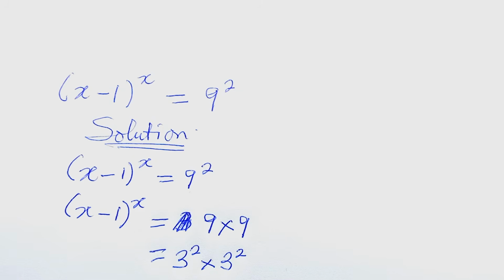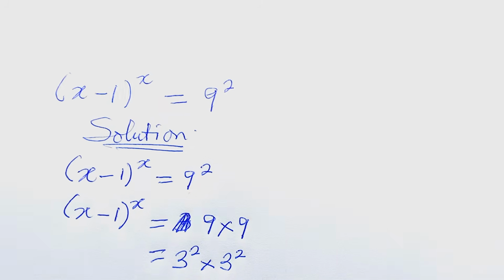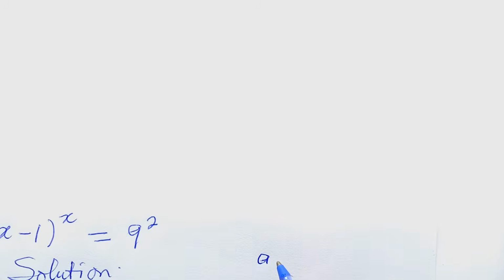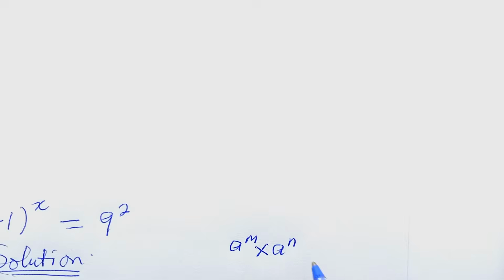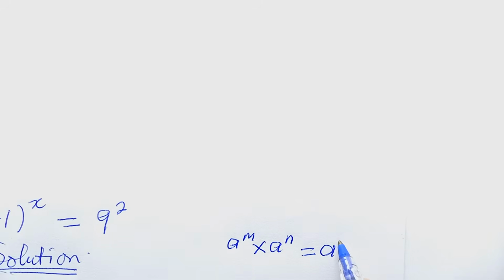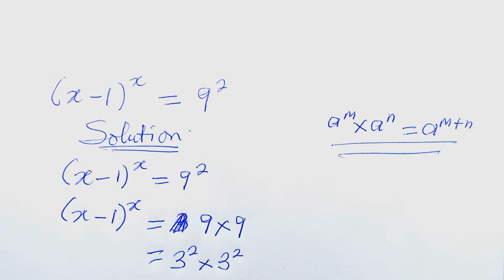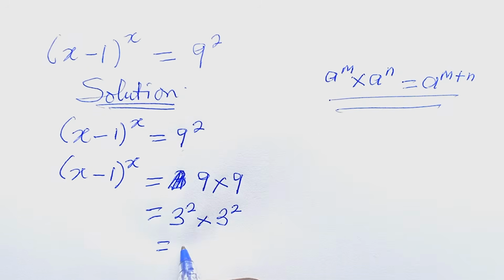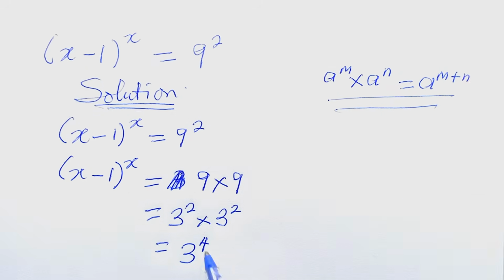Here we apply a simple law of indices, which says that a to the power of m times a to the power of n is equal to a to the power of m plus n. If we apply this law, we have 3 all raised to the power of 4.